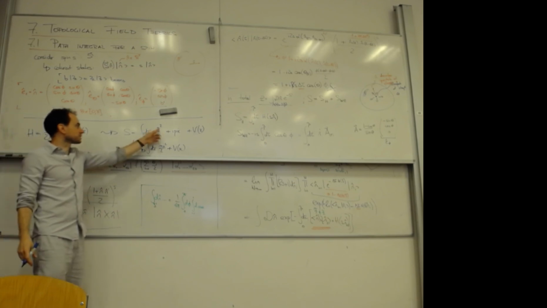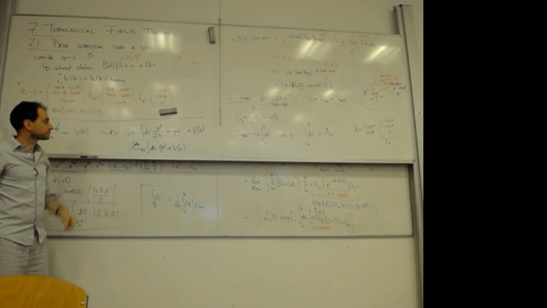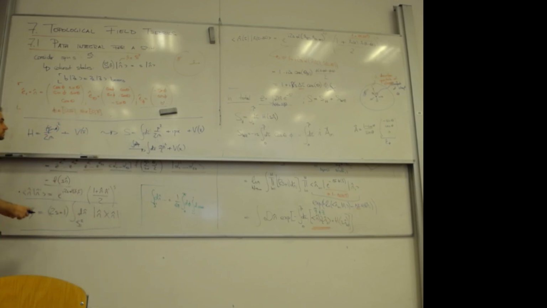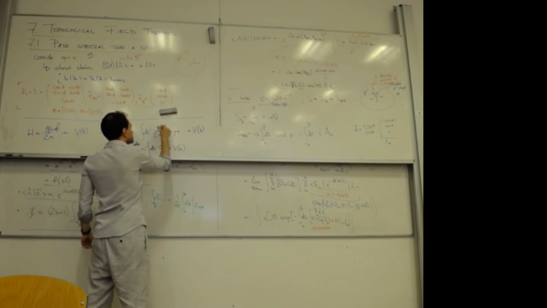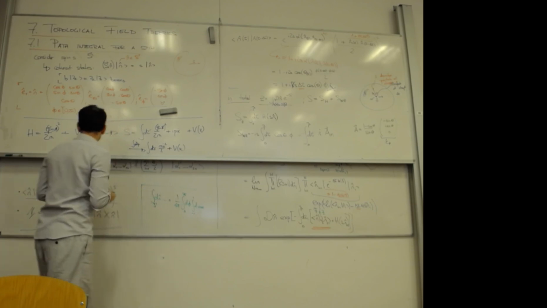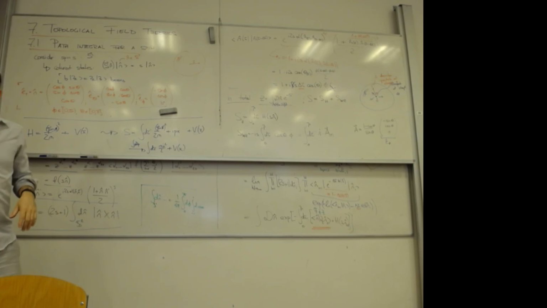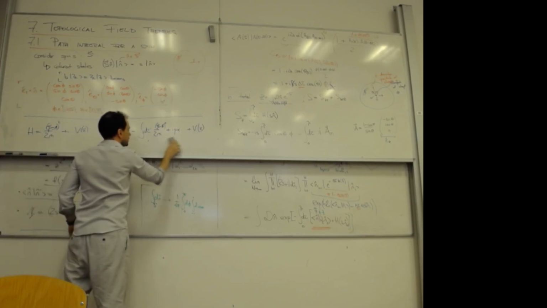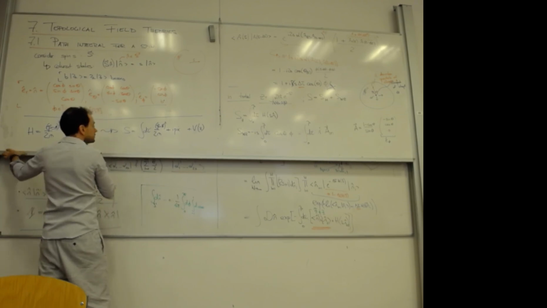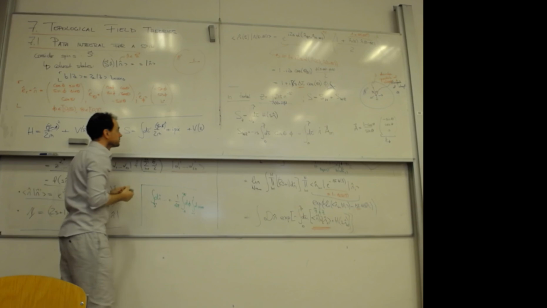That's just because this is a Gaussian. Next, I want to include this A. So when I include this A, I do it here. And now prior to integrating, I shift this P by A.